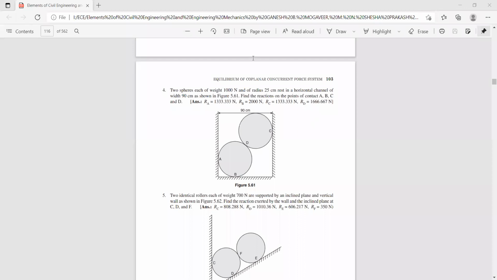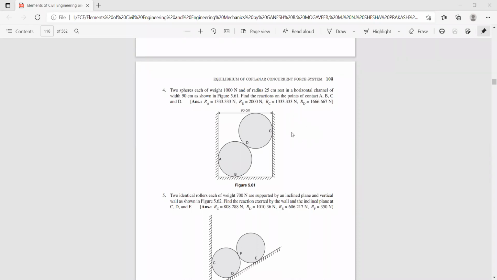Just check it. What is the answer? 1694.91. So here there is some printing mistake. Whatever answer you get, you write. RD happens to be 1694.91 Newton.